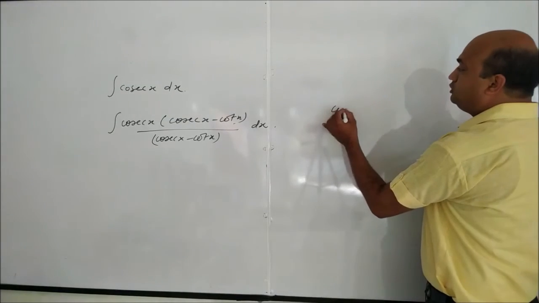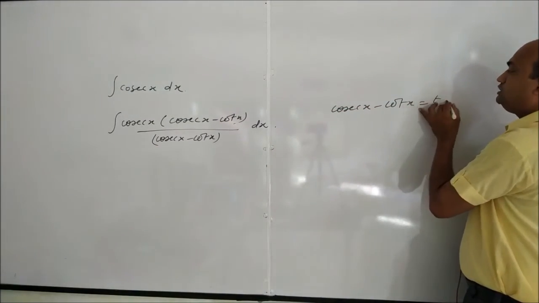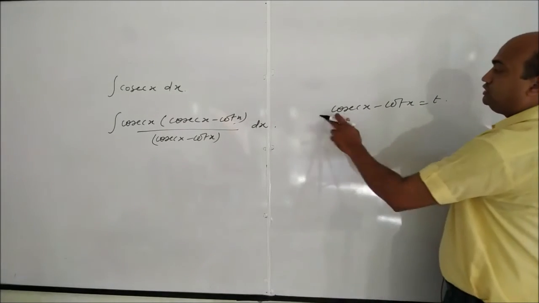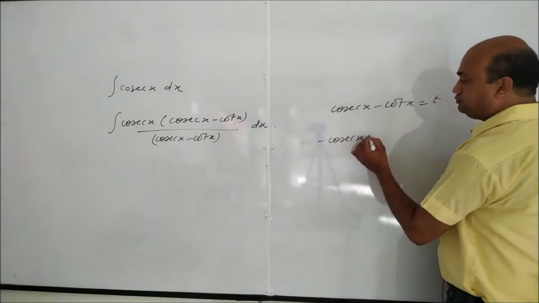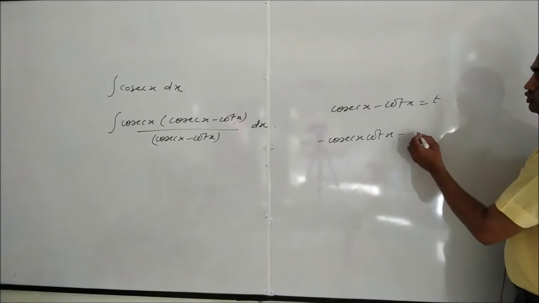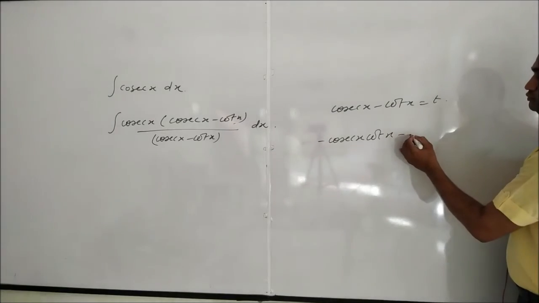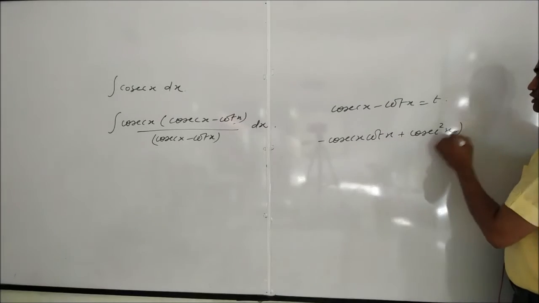The denominator cosec x minus cot x we put as t. Differentiation of cosec x is minus cosec x cot x and differentiation of cot x is minus cosec square x. This will be plus.